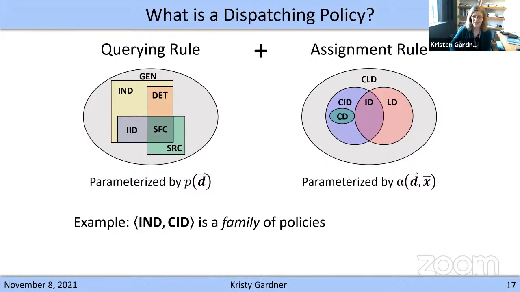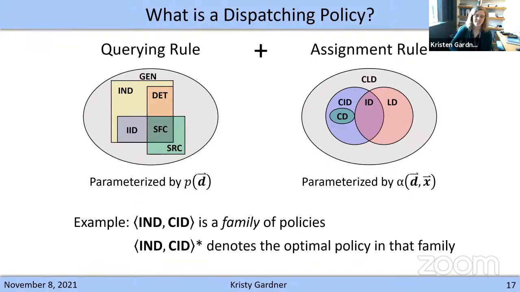Our goal is to achieve low mean response time. So we're going to be particularly interested in the optimal policy within a family. So I'm going to use this asterisk to denote the optimal policy where we're jointly optimizing our P function and our alpha function to achieve the lowest possible mean response time.